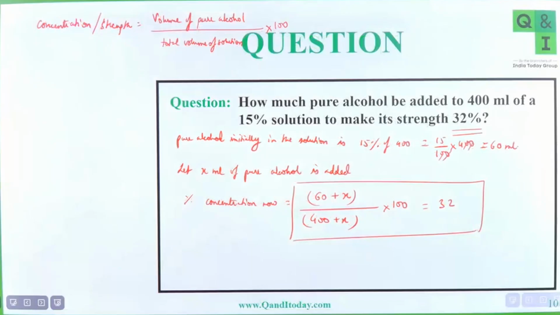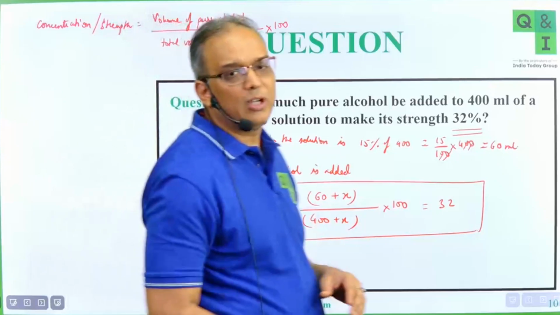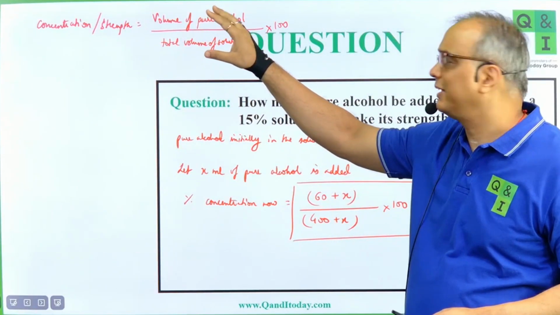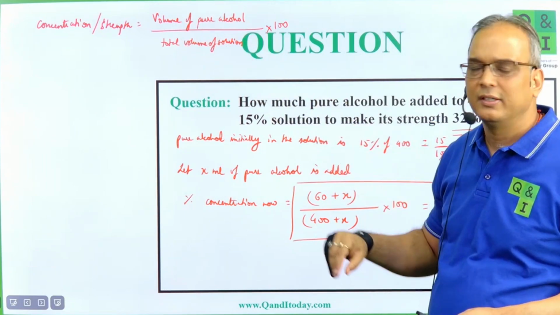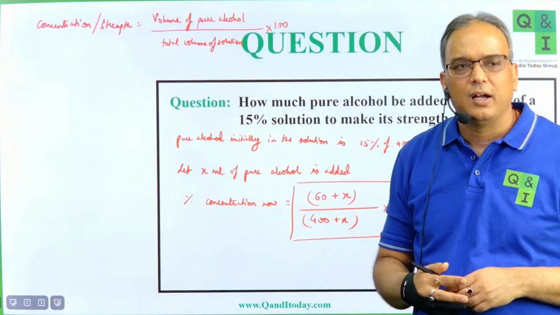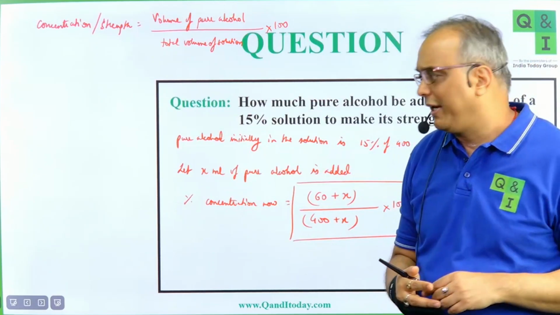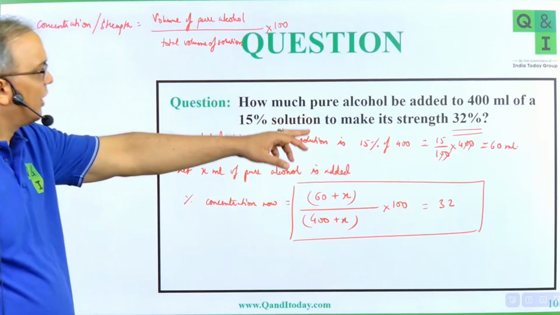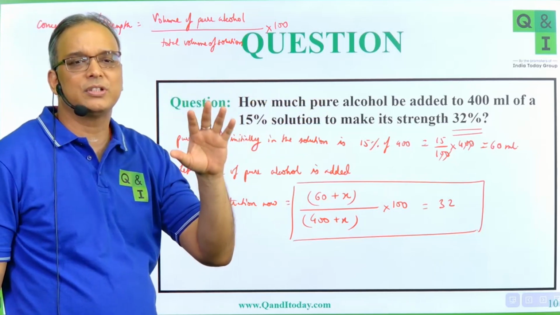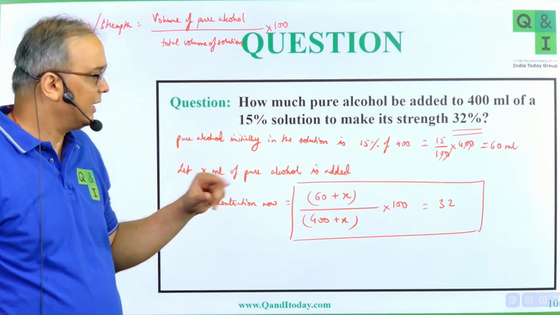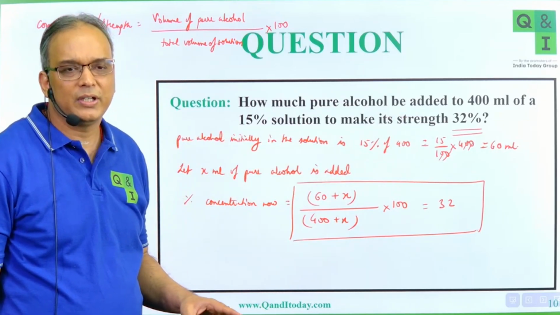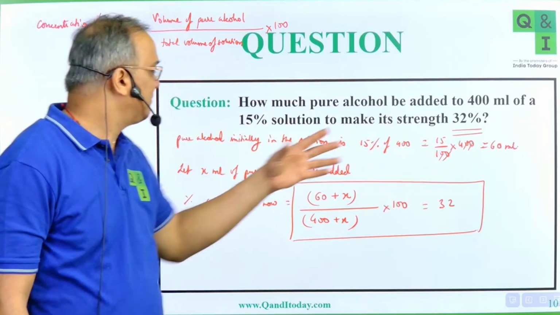I'll explain it again. The formula for concentration is volume of pure alcohol divided by total volume of the solution into 100. This is the formula to find the concentration of pure alcohol in the solution. In this question, initially the solution had a concentration of 15%, so 15% of 400 is 60 milliliter of pure alcohol.